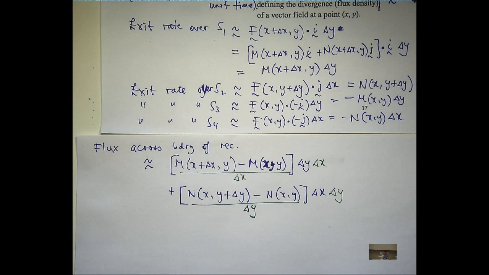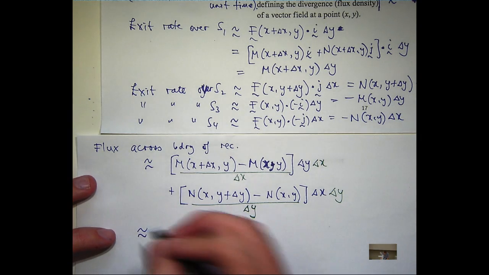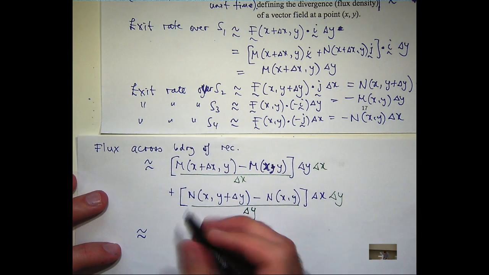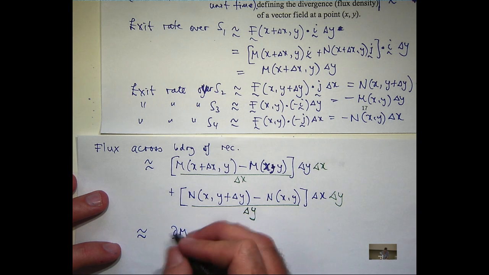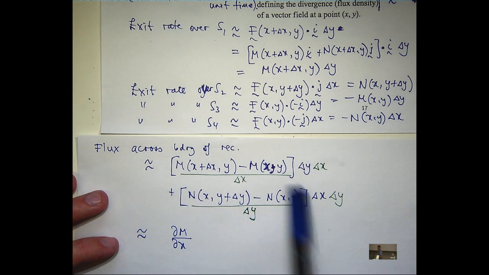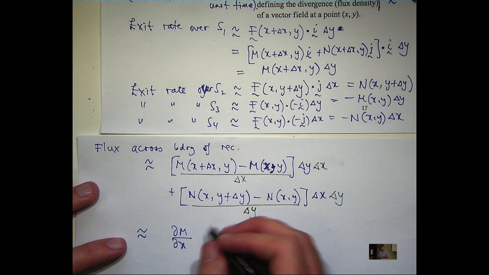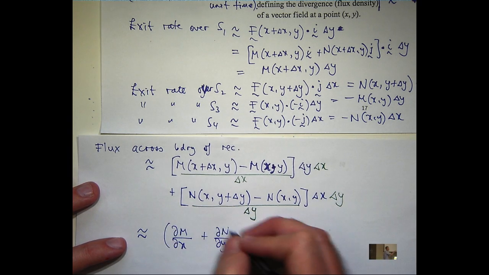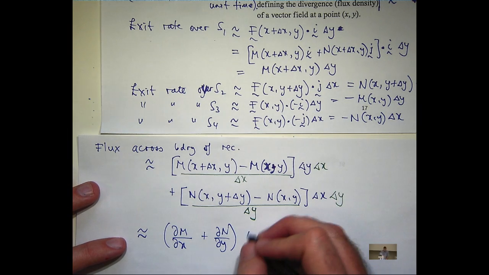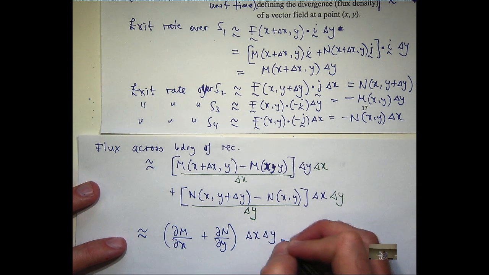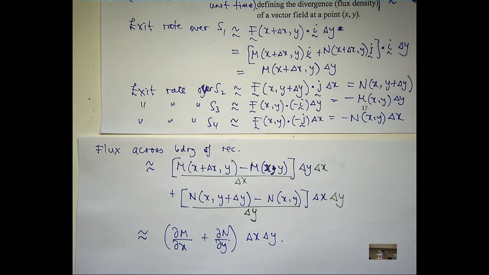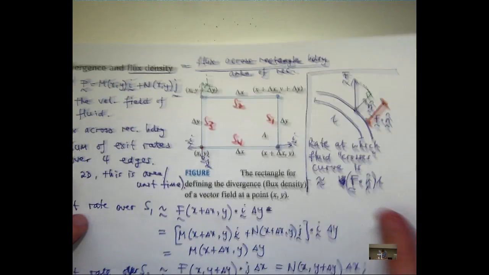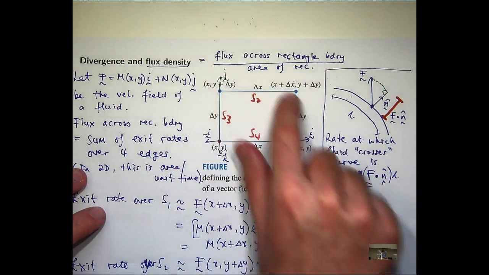Okay? So I can replace this with dm dx. I can replace this with approximately dn dy, and you'll see I've got a common factor here of delta x delta y. Now, what is this product here? It's just the area of this rectangle.